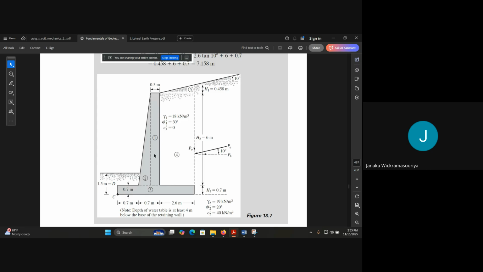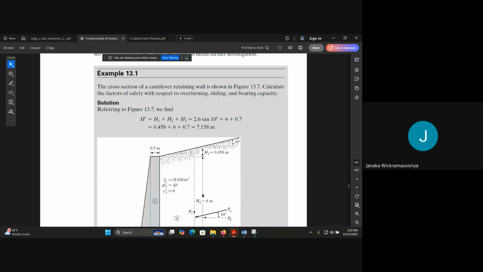When you select triangles and rectangles, it is very easy to determine the area and the length to the centroid. And the gamma, c, phi, every value is given.